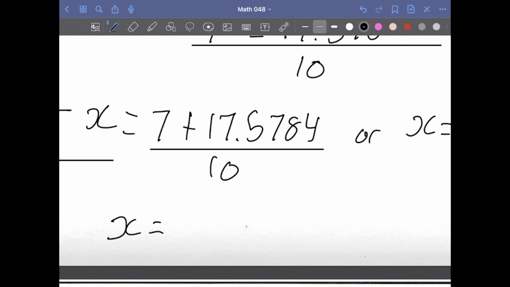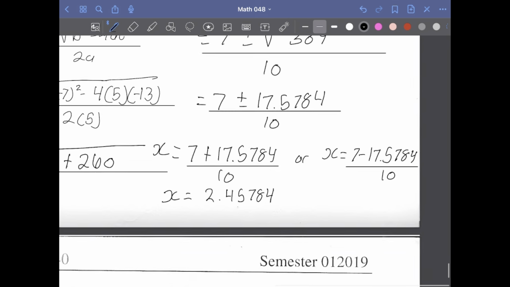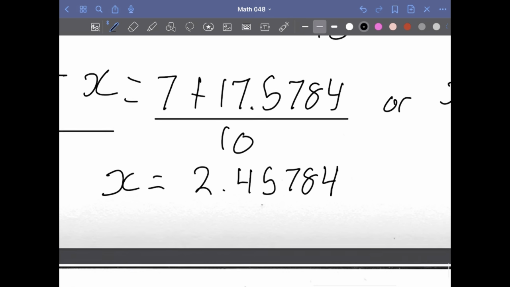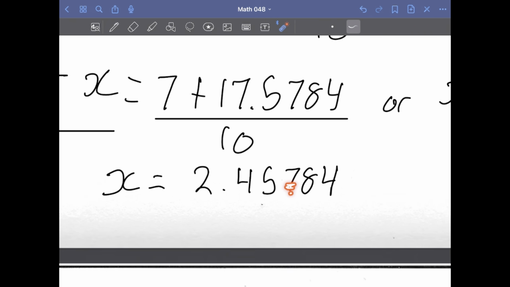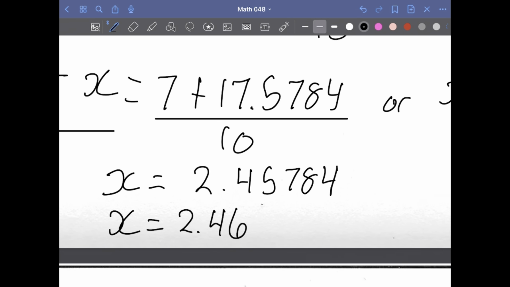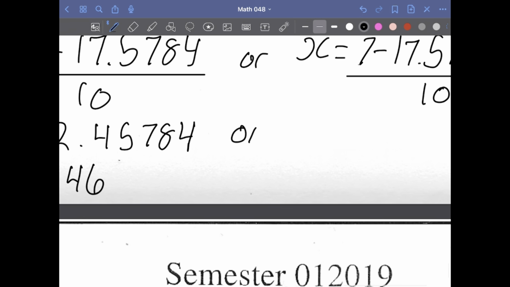I get 2.45784. Now let's correct it to 2 decimal places. 7 is greater than 5, so that's going to become a 6. So x is equal to 2.46.